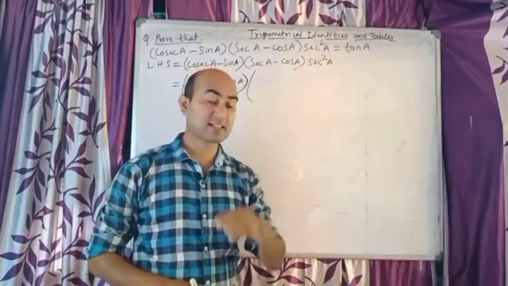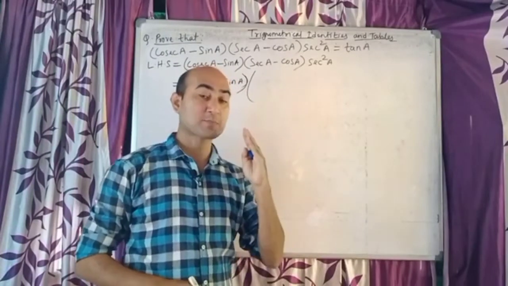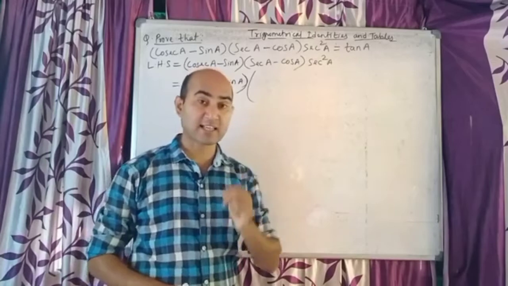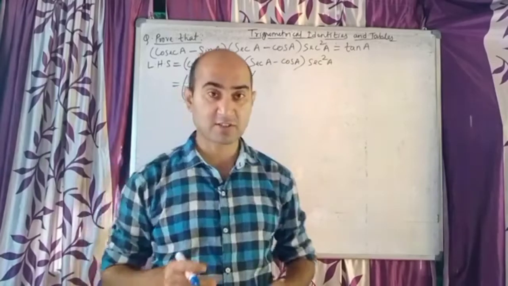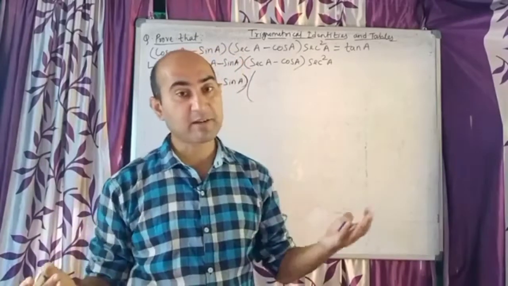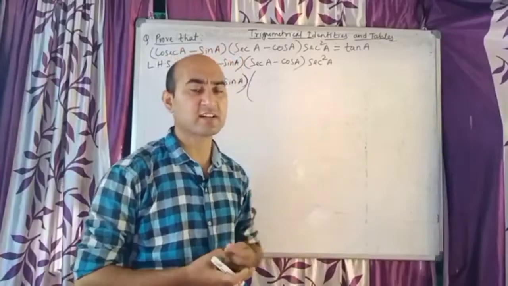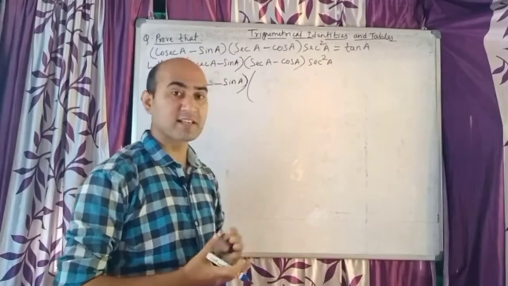I wrote the formulas in theta, but today I am speaking the same formula in A, because theta is an acute angle, so the acute angle can change. Sometimes it may be written as theta, sometimes as A. So today it is written in A, no issue, but the formula is same.